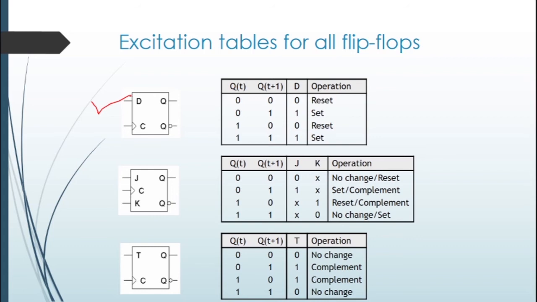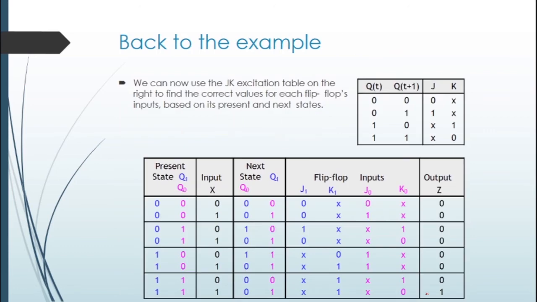So whatever the value of the next state will be, it will be the input of D. Similarly, the T flip-flop is for no change or change. If the T value is 1, it will change. If the T value is 0, it will be no change. These are the excitation tables for all flip-flops. Whatever suits you, you can use any of these flip-flops to your advantage.